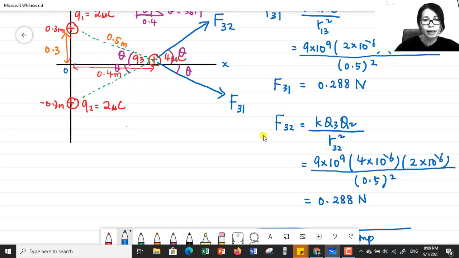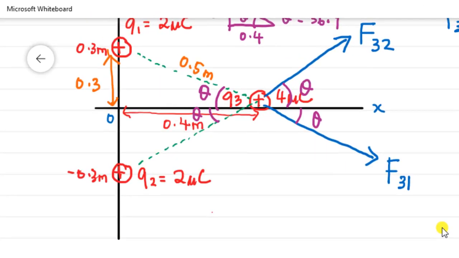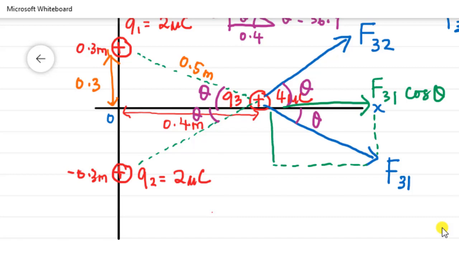Kalau kita perhatikan F13, it can be resolved into the horizontal component, F31 cos theta, and then the Y component, F31 sin theta, and it will be negative because the component is pointing downward.